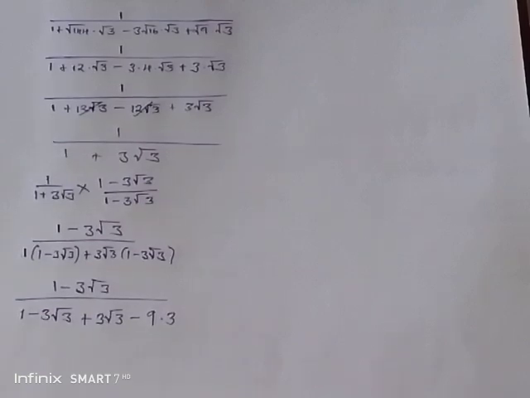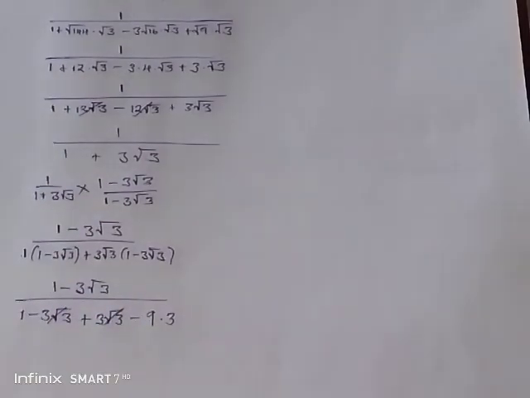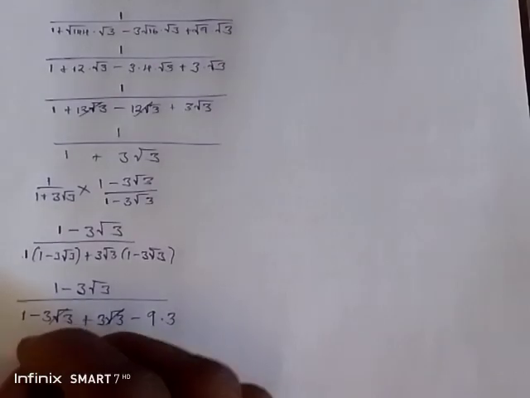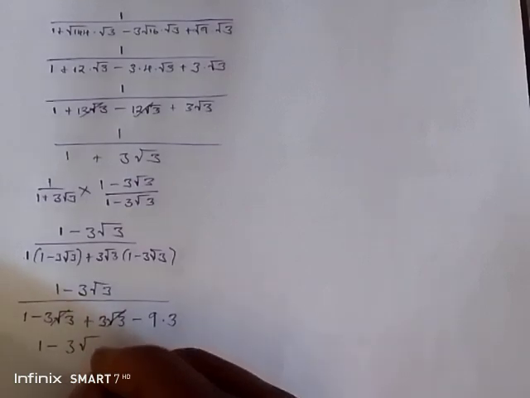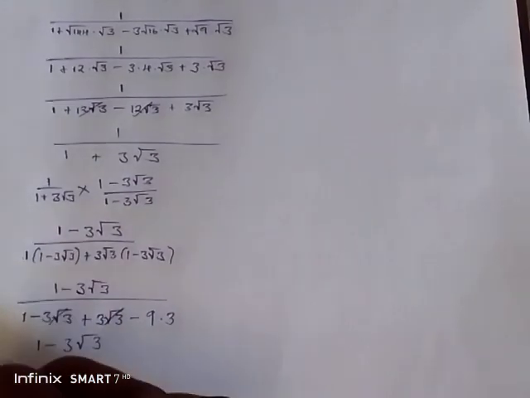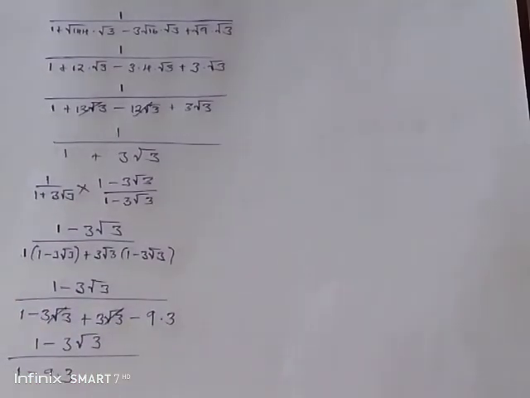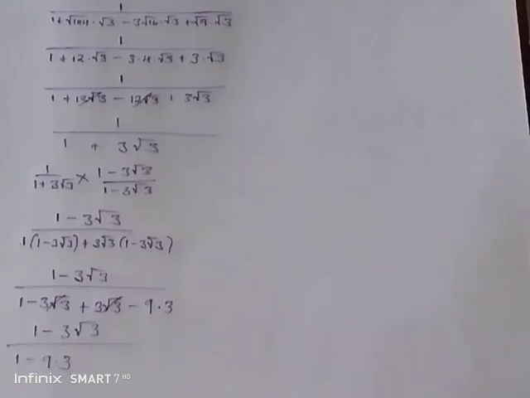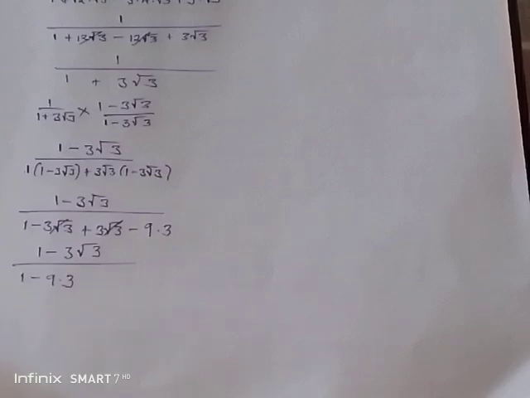Okay, so from here we can see that this one and this one also can cancel. It's going to give us a 0. Then we are going to remain with 1 minus 3 root 3 over 1 minus 9 times 3, right? Minus 9 times 3, like that.